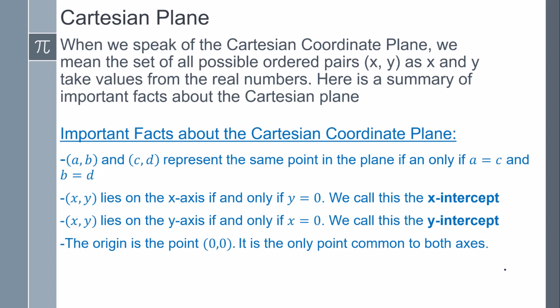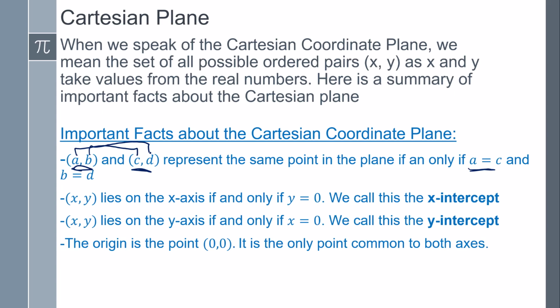The first is if I have two points, A, B and C, D, they represent the same point if A equals C, which is like saying the two x values equal each other, and B equals D, which is saying the two y values equal each other. It's kind of like common sense, but there's a reason why we're doing this. You're going to see it later on in this class.